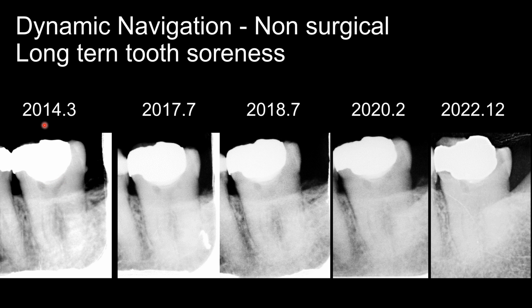We can see in 2014 there was still a root canal here, and with time passing, the root canal becomes less and less. You cannot find the root canal in this X-ray.